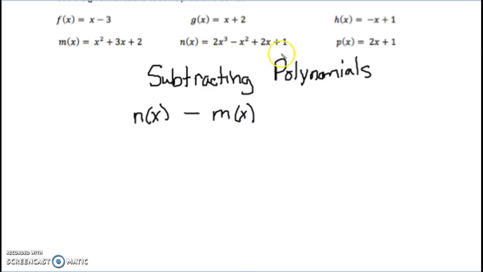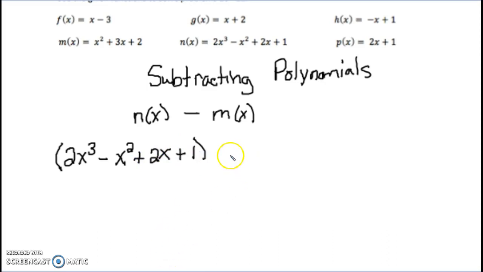I'm going to go up here and get my n of x, and I'm going to write it in parentheses again: 2x to the third minus x squared plus 2x plus 1. Then I'm going to subtract my m of x, which is x squared plus 3x plus 2.